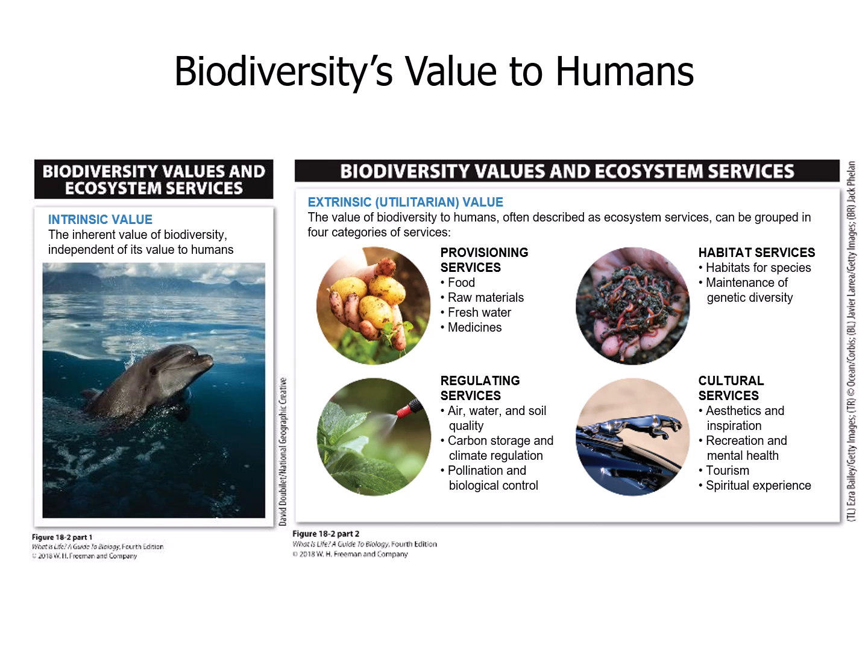When it comes to extrinsic or utilitarian value, this is where we throw people into the mix. What is the value of that biodiversity specifically to our species? So we can classify this into essentially 4 categories, and let's talk about what goes into each category.